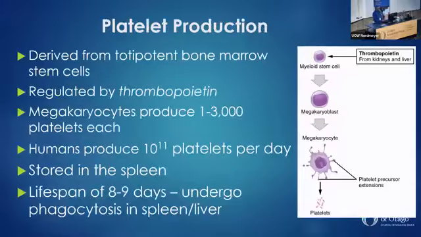Just to remind us, platelets are formed from the great-grandparents, the myeloid stem cells, which go on to form the megakaryoblast, which then forms the megakaryocyte, which sheds off its cytoplasm as platelets. Cytoplasmic fragments come off the megakaryocyte as platelets.